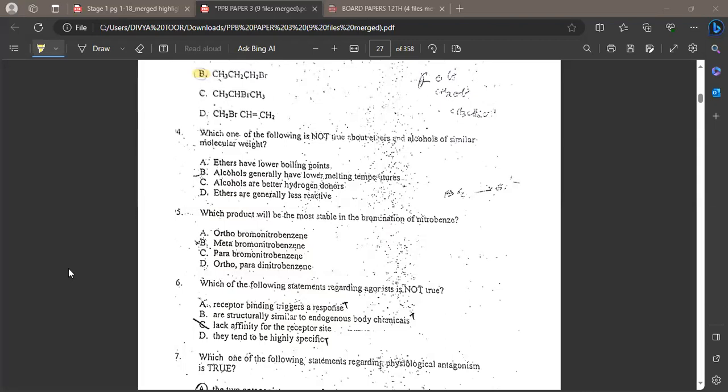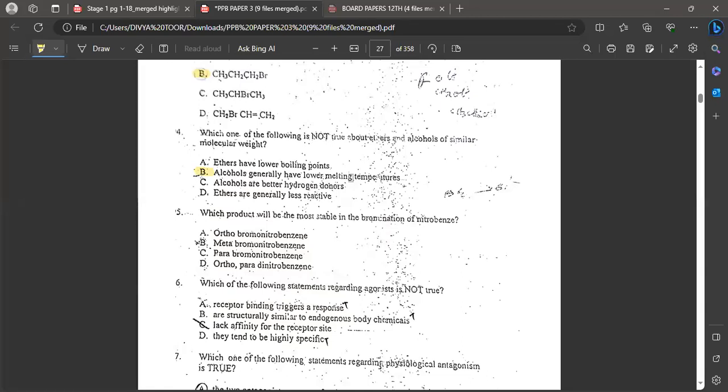Because ethers do have a larger alkyl group, so they have higher boiling point than alcohols. Wait, repeat what you said. I said ethers have a larger alkyl group than alcohols, so they will have higher boiling point and melting point.